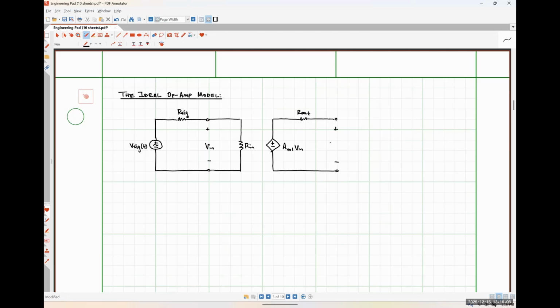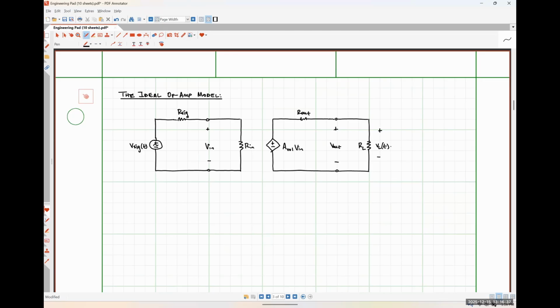Here's our amplifier's output voltage. And then lastly, I've got some load resistance here, RL. And I'm going to define another voltage here just really quickly. This will be VL for the voltage drop across my load as a function of time. Okay.